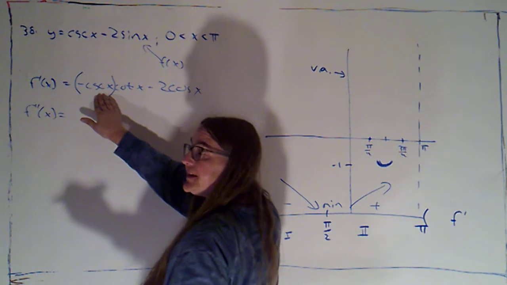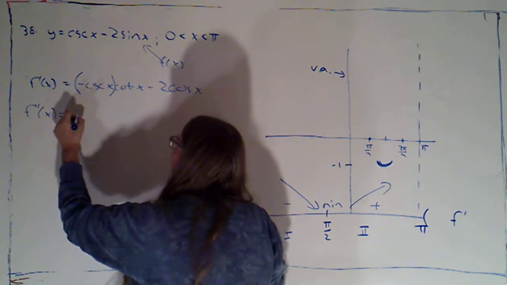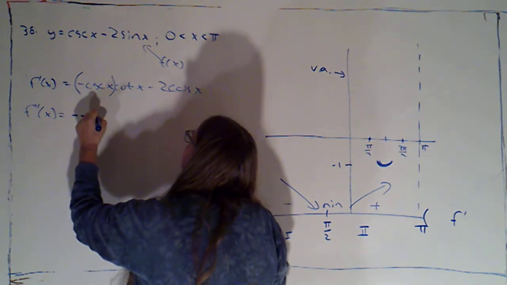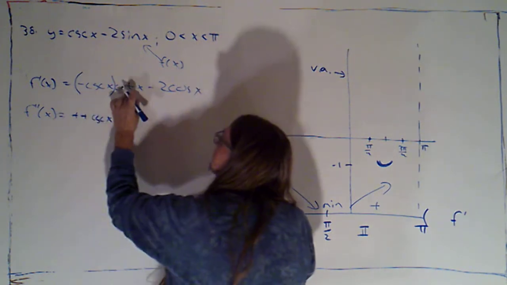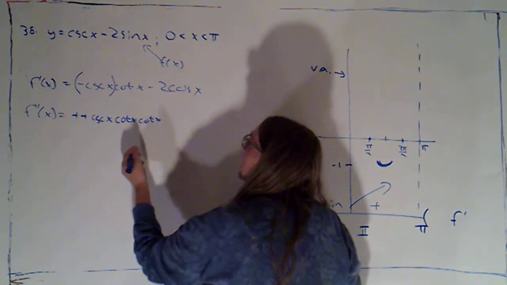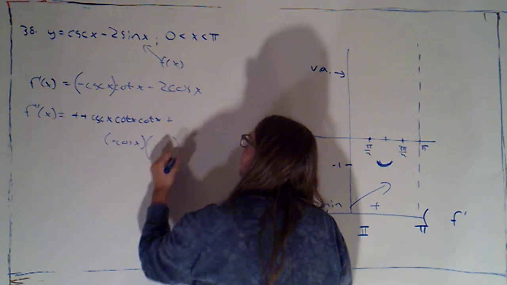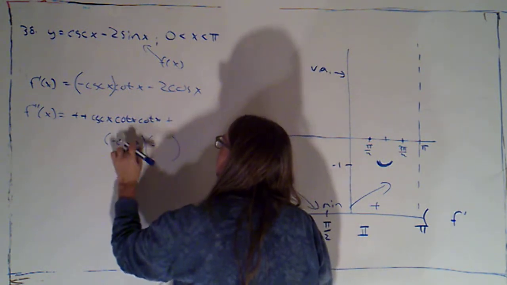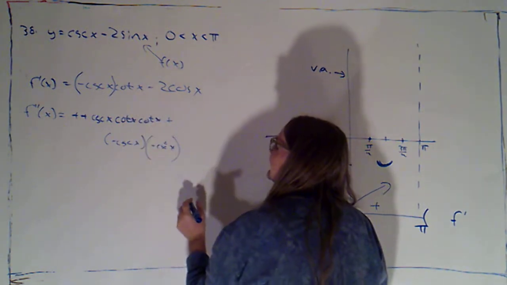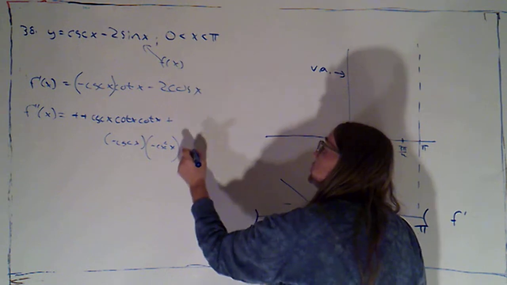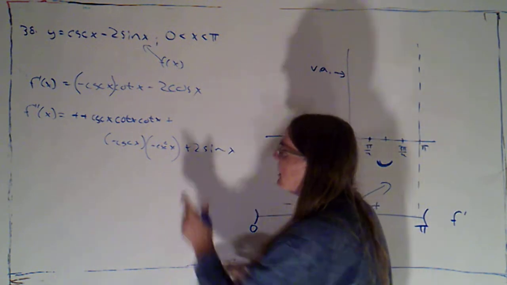So the derivative of negative cosecant would be the opposite of negative, I'll write them both down, cosecant of x cotangent of x, those negatives will cancel, times cotangent of x, plus a negative cosecant of x times the derivative of cotangent, which is negative, oops, that's cosecant squared x, and then minus 2 times a negative, so it becomes plus sine x.